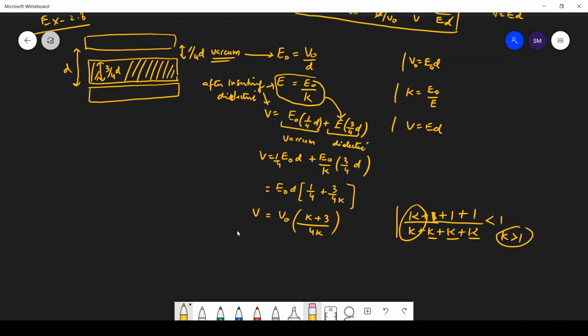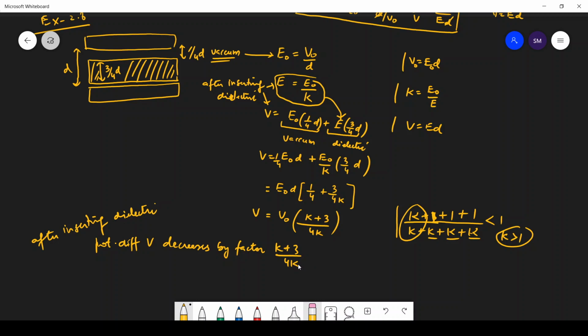So it means that after inserting the dielectric, the potential difference V decreases by the factor K plus 3 upon 4K.